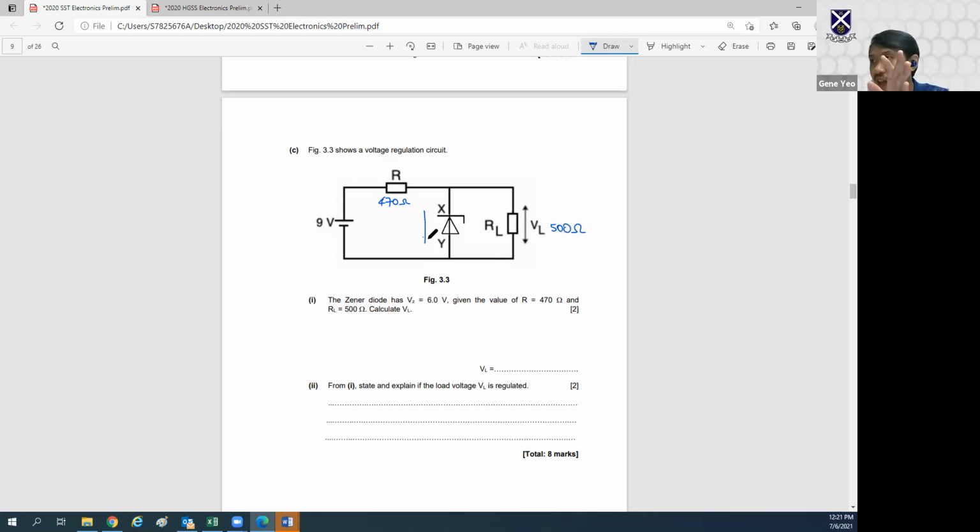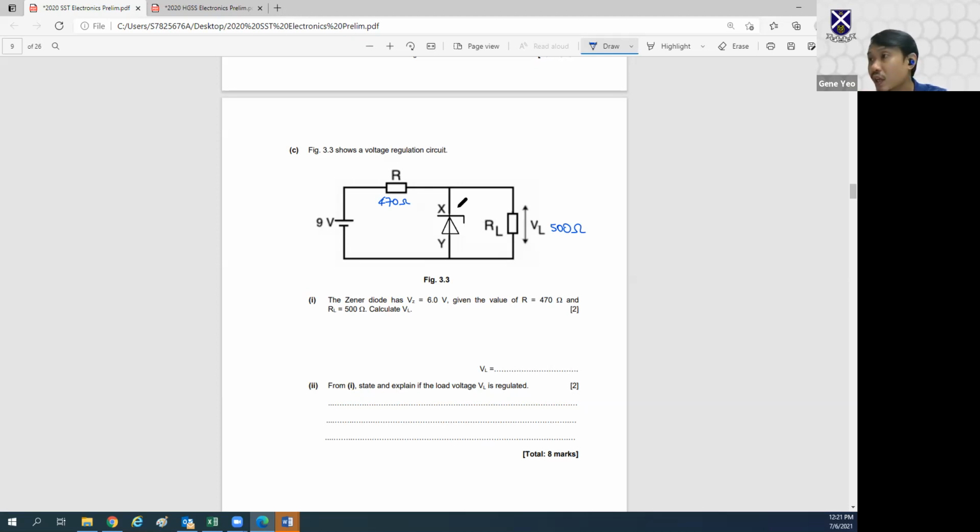Because if this fella holds the voltage at 6 volts, there's really nothing to calculate. Because if this is 6 volts, then this one must be 6 volts, right? But not so fast. I need to also consider whether the load resistance is high enough in order for the 6 volts to hold.